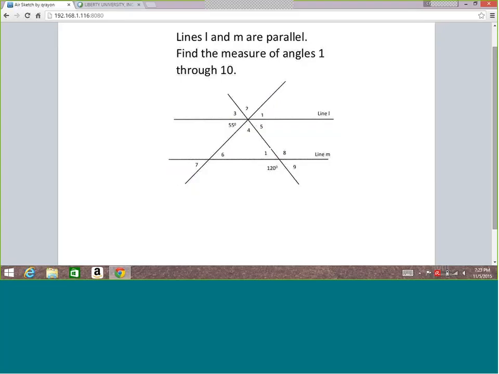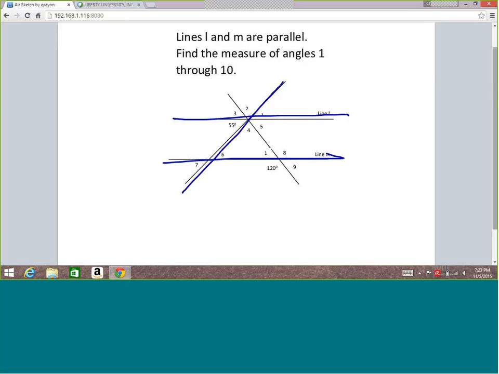So I started off with looking at the parallel lines with that line intersecting them and worked with it that way. And then I looked at the parallel lines with this other line intersecting them and looked at it that way. It does get confusing if you try to look at it with all the lines all at once.